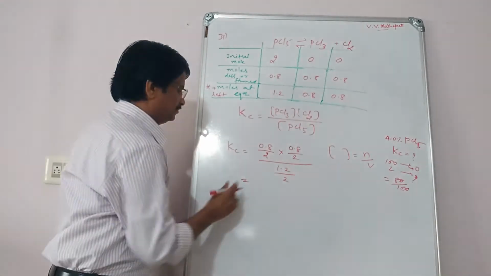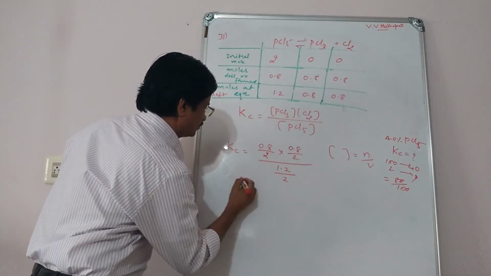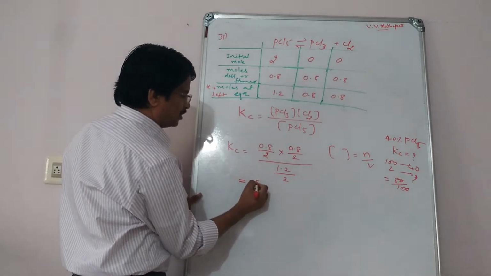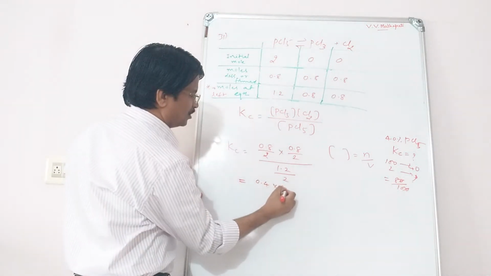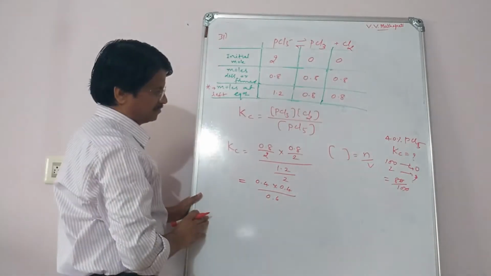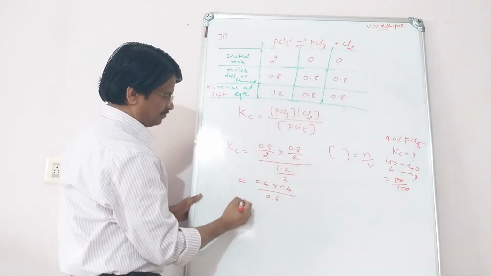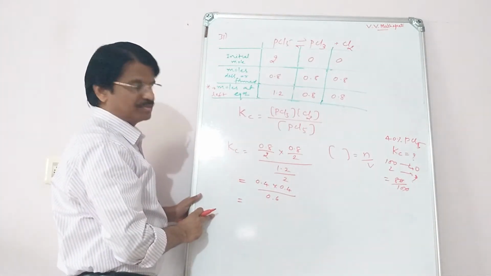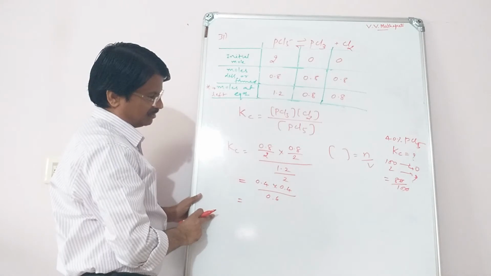Next, 0.4 by 0.6. 4 4s are 16, means 1.6 by 0.6.